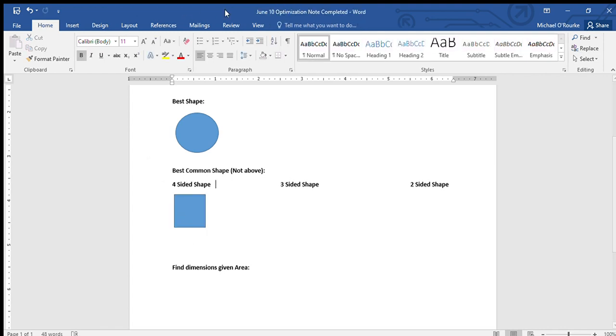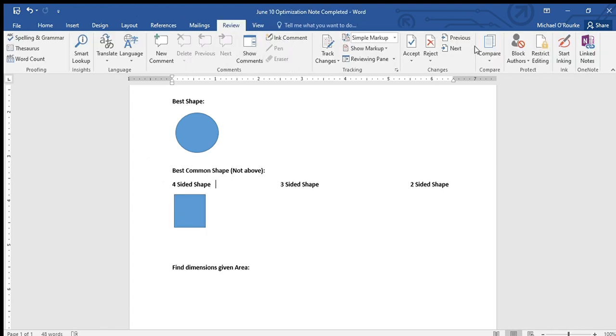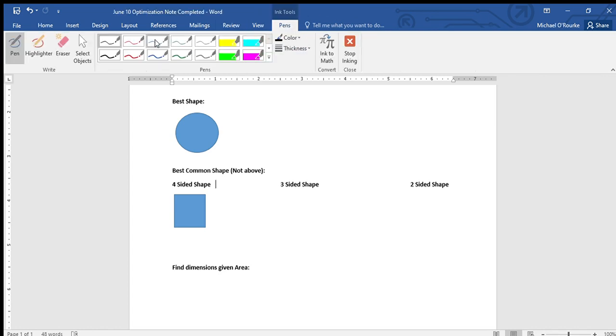Okay. If I go here, my pen, perfect. So this one here is going to be 25 by 25. So the shape we want is a square. And the way we figure out our dimensions is we take the perimeter and we divide it by 4.